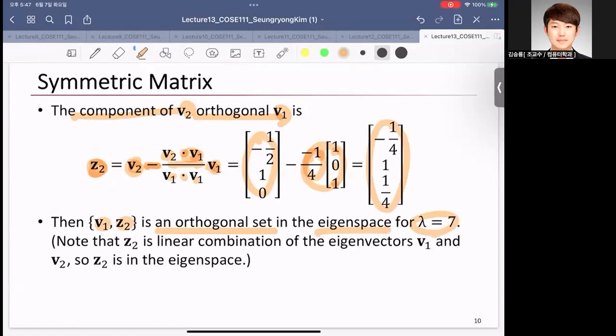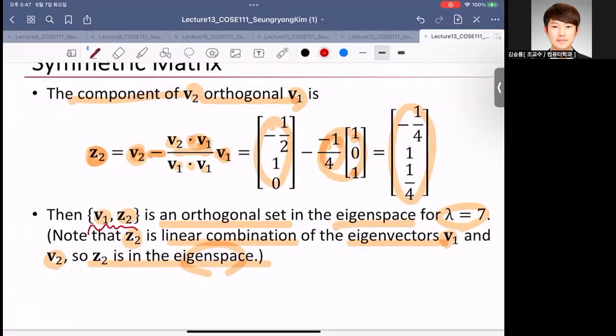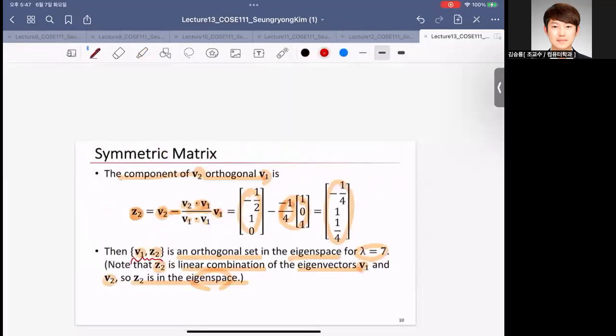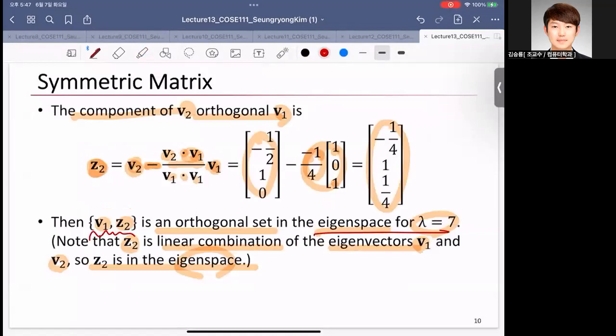Note that Z2 is a linear combination of the eigenvectors V1 and V2. So Z2 is in the eigenspace, and we can easily say that V1 and Z2 are a new basis for the eigenspace for lambda equal to 7, and they are also orthogonal to each other.